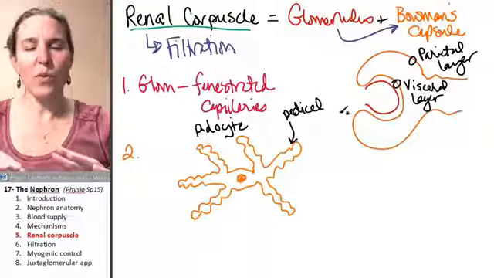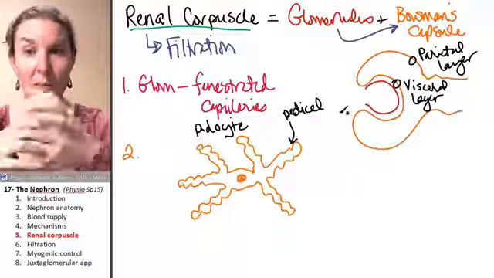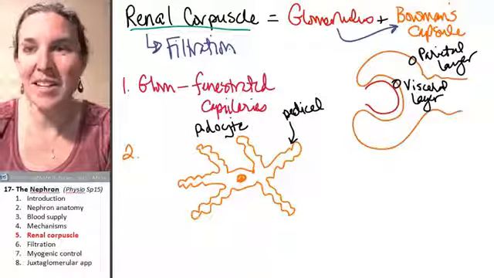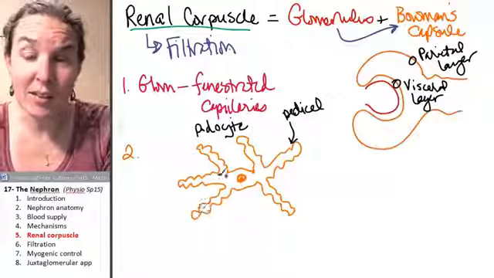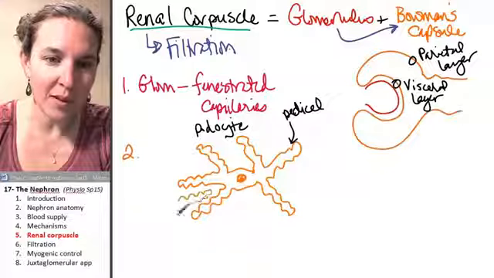And these podocytes are squished on top of my glomerular capillaries, my fenestrated capillaries. But here's the cool thing. The podocytes interdigitate. What? Okay, look, because I don't think I can explain that.